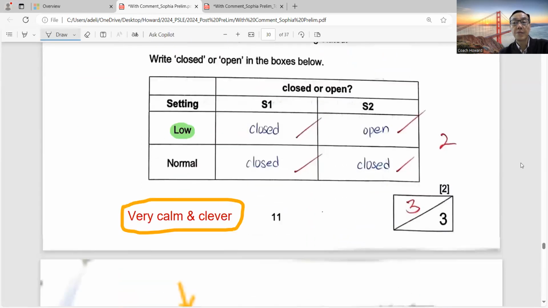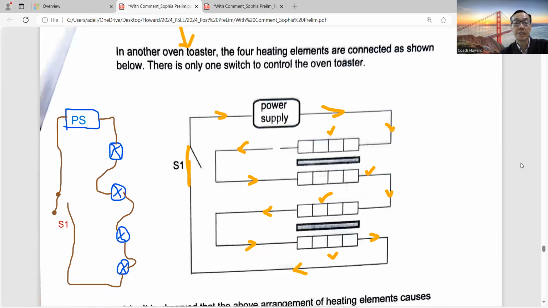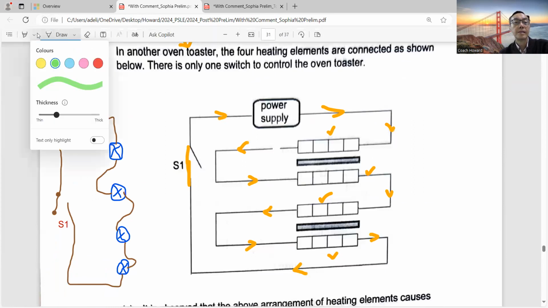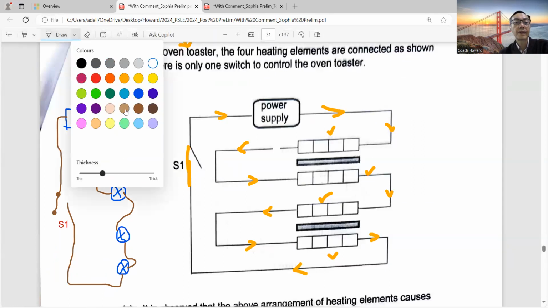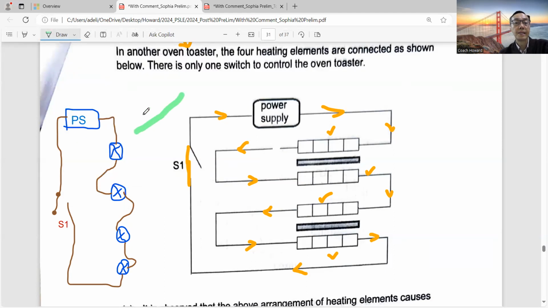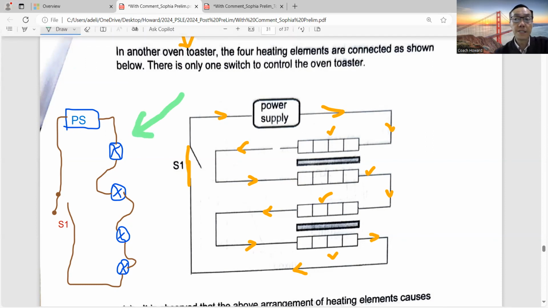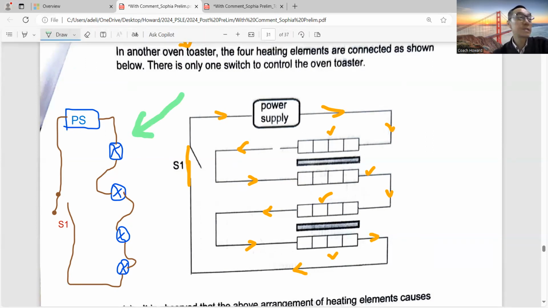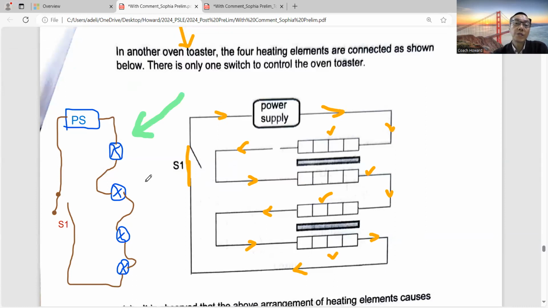So actually, if she had drawn this additional circuit here, if you notice this part, this one is my additional suggestion. I put it here. My advice is when you see such a so-called complicated circuit diagram, you try to draw something that you have learned before.